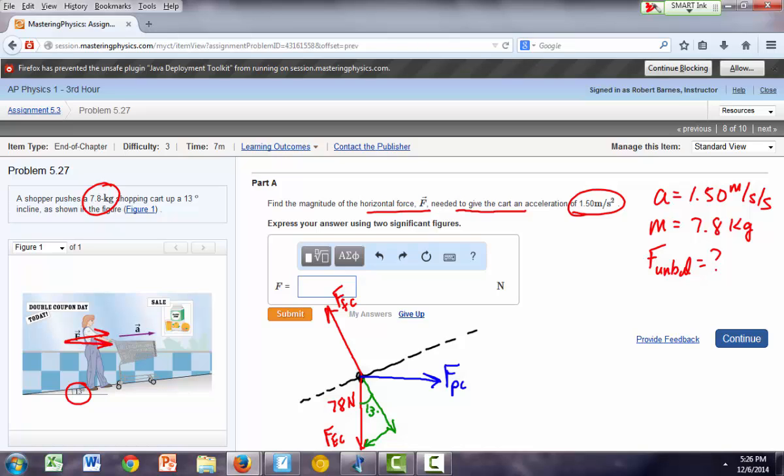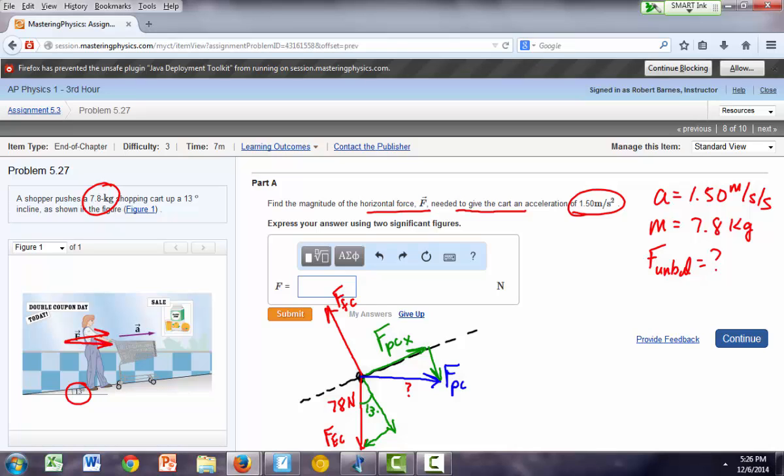And then I know I'm trying to solve for this, but the acceleration is in the plane of the floor at that 13-degree angle. So I'm going to have to find components of this force right here. I really don't care about the vertical component, but I do care about, I'm going to call it force of the push on the cart in the x direction, because the unbalanced force is in the x direction.